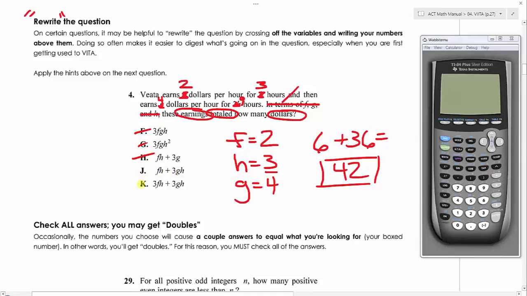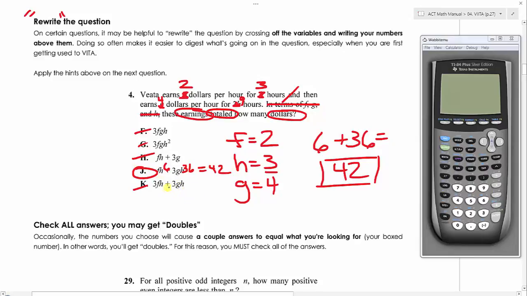I won't make you go through the whole process of checking the answers. We can just verify that this is 6, F times H, 2 times 3, plus 3 times 4, which is 12, times another 3, which is 36. So 6 plus 36 equals 42, and indeed that's the answer.